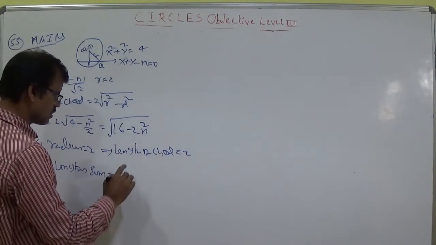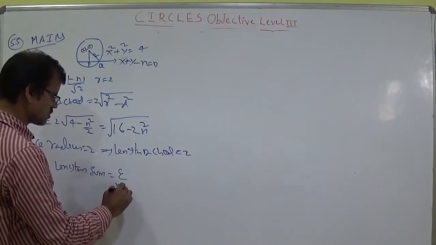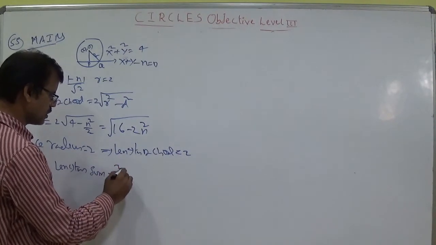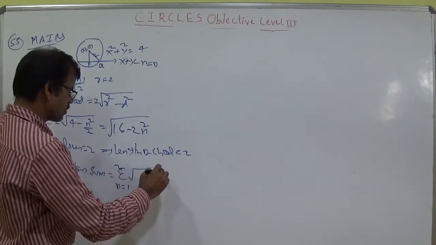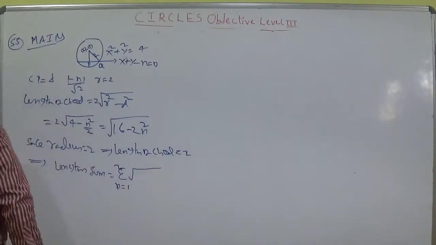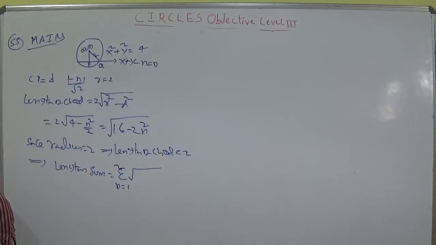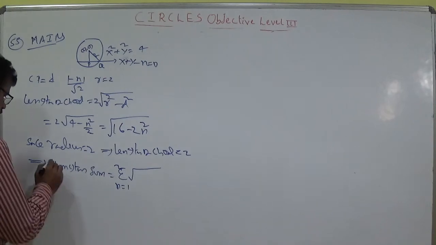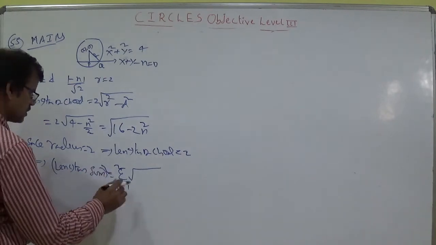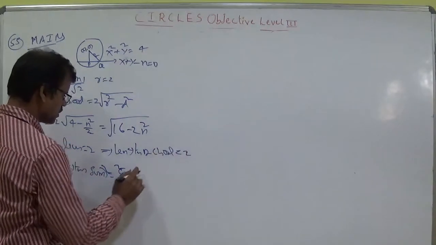It should not exceed the length, so n is equal to 1 to 2, only 2. He is asking for the square of length, the sum of squares, so don't write root here.